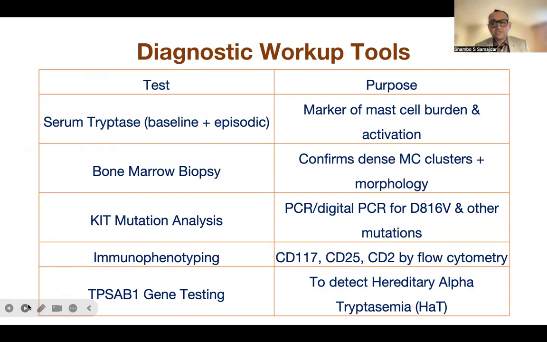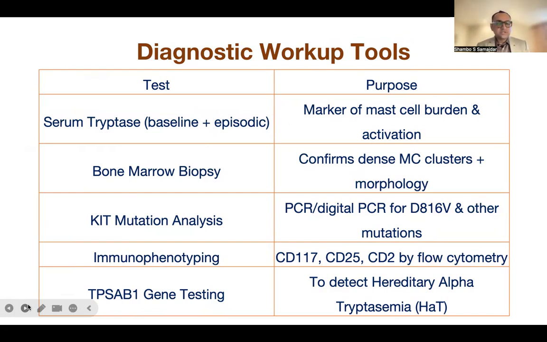For allergy specialists, I think this first test is important for us, and if we are suspecting this type of case, we also need to take help from our hematology and oncology colleagues.